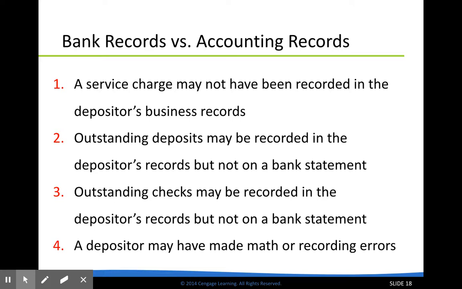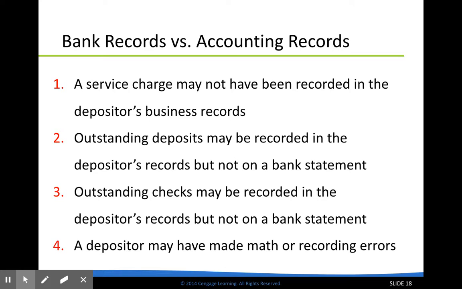So it's important that we have bank statements because there's a lot of difference between what we have on our records compared to what the bank has on their records. So number one being the service charge. We only find out about that service charge that's been automatically withdrawn from our account at the bank. We only find out about that when we get our bank statement.